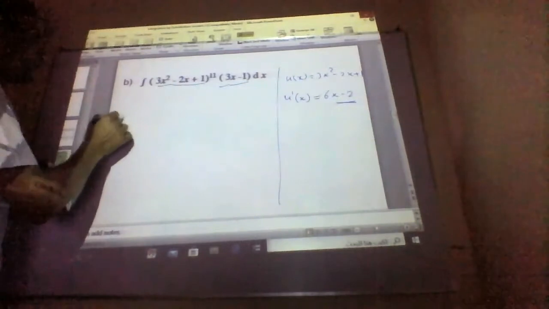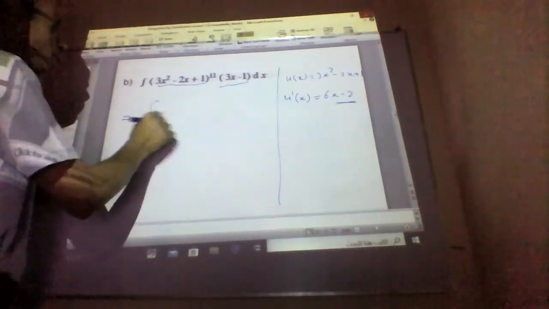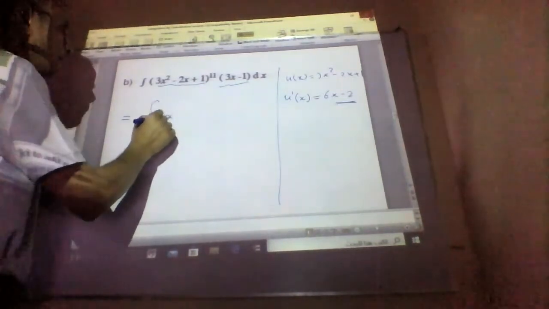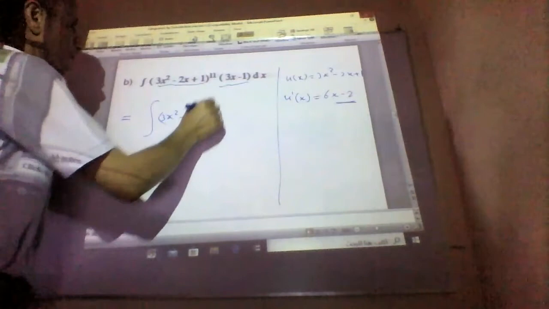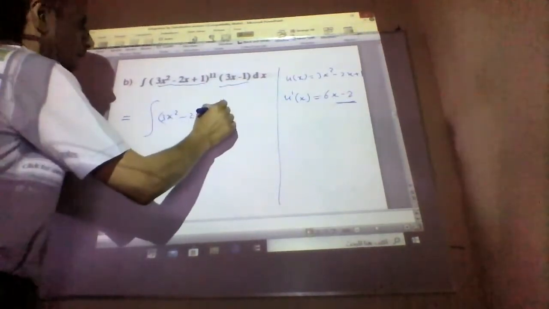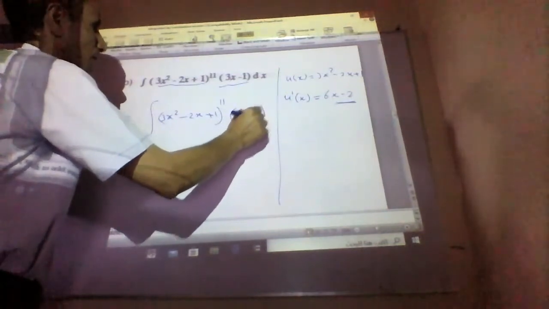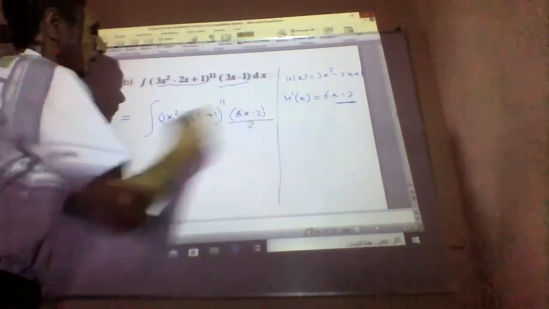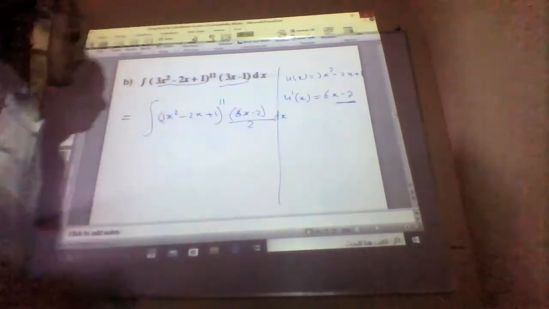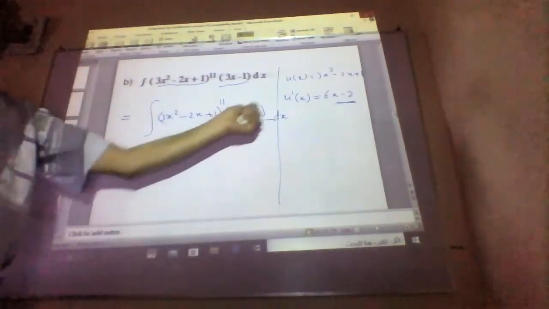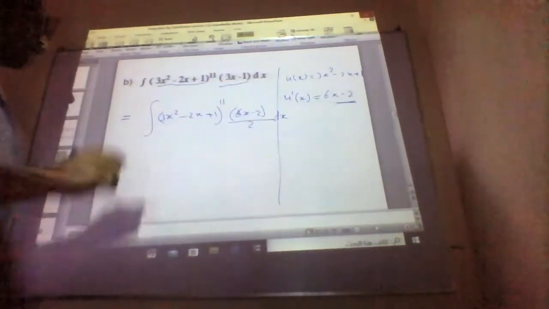So we will put it in the form 3x power 2 minus 2x plus 1, all power 11, times 6x minus 2, divided by 2, all dx. 6x minus 2 divided by 2 is 3x minus 1.